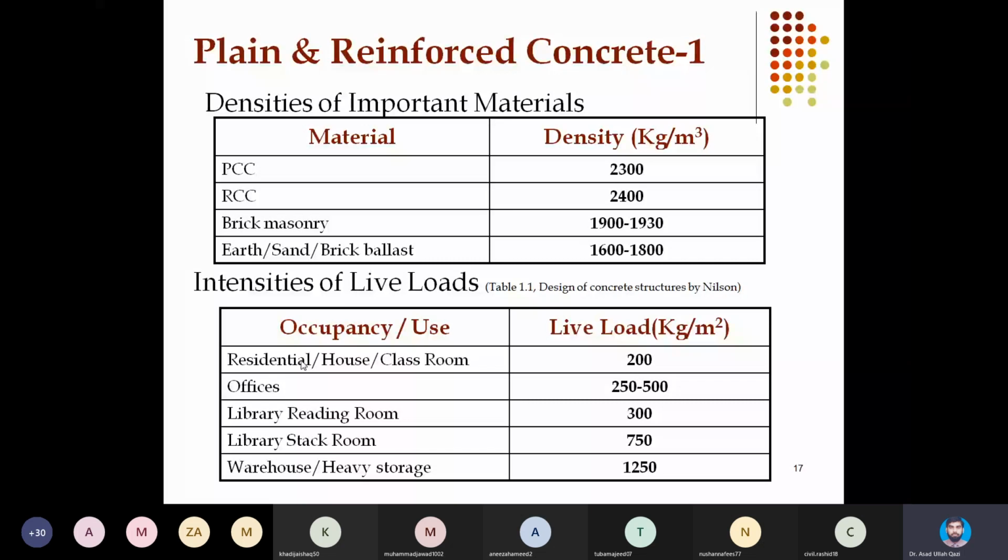If the change in structural use is decided, then what will be the new live load which will be superimposed, and the designer will have to do the capacity analysis to determine whether under the revised load the building can still survive, and the slabs or beams and columns can still serve the intended function.